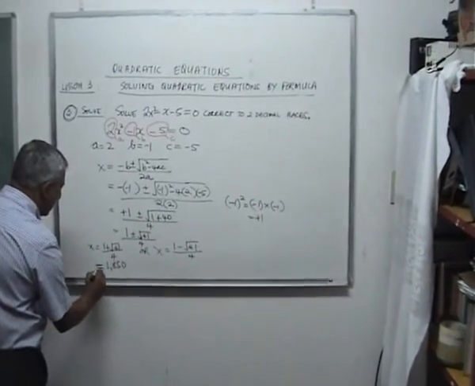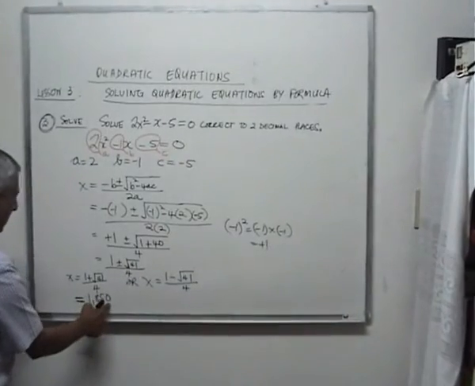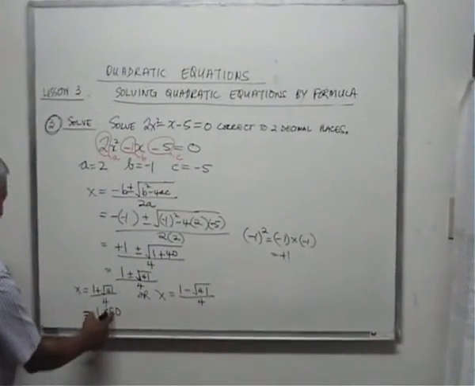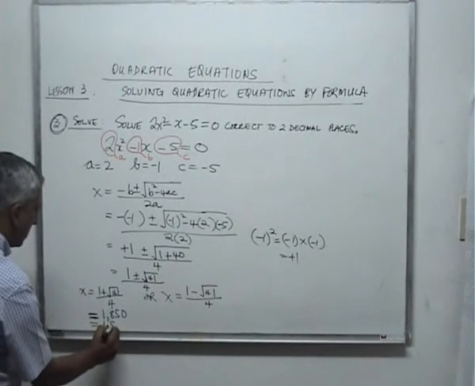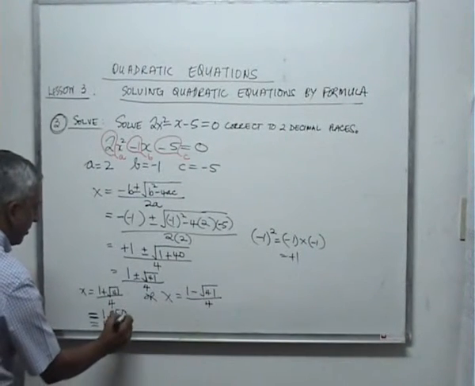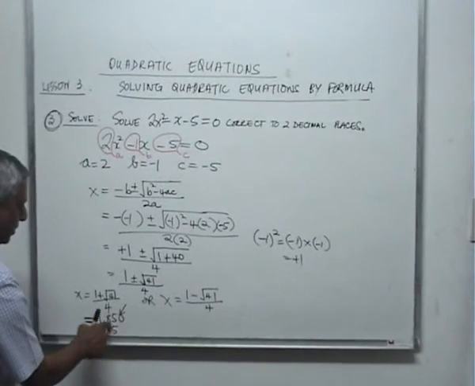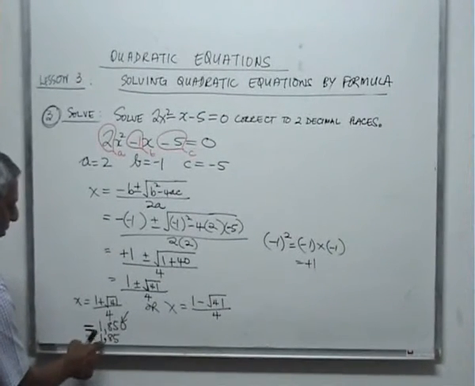Correct to 2 decimal places means you must write 3 numbers here and then do the adjustment, because you look at the 0 here to do the adjustment. So the final answer is 1,85.